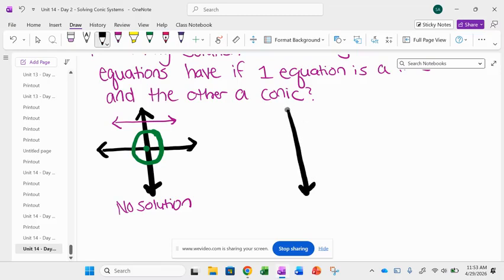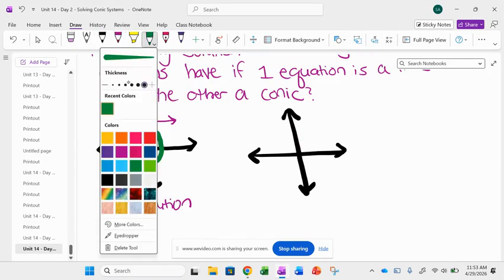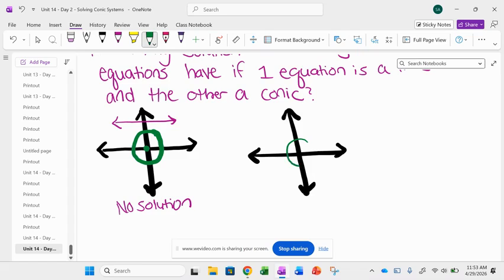We can have our circle, and I can have my line touching exactly once if it's tangent, right? So that's one solution. So we could definitely have zero solutions.